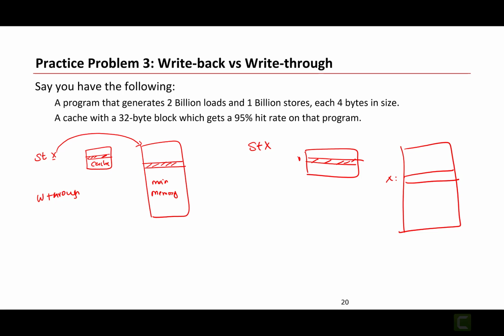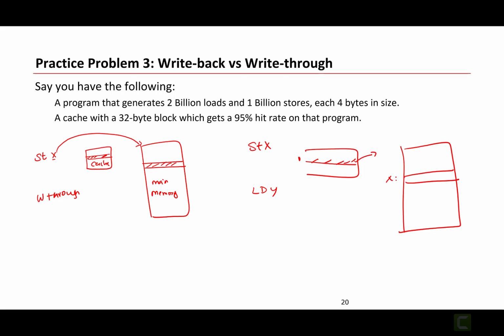Now later on, let's say some other instruction happens to bring in a different cache block that maps to the same cache line where the previous access had modified, then this block needs to be evicted. It's only when you evict a dirty cache block that it has to be written to the main memory.